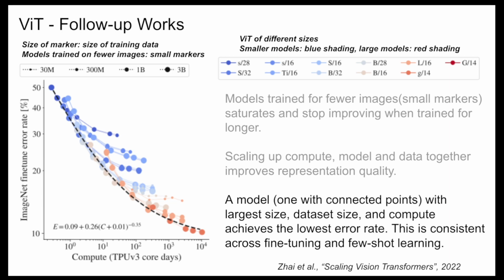This is what was said in the previous insight as well: a model which has the largest size, is trained on a large dataset, and is given enough compute achieves the lowest error rate. And this was consistent across fine-tuning and few-shot training.